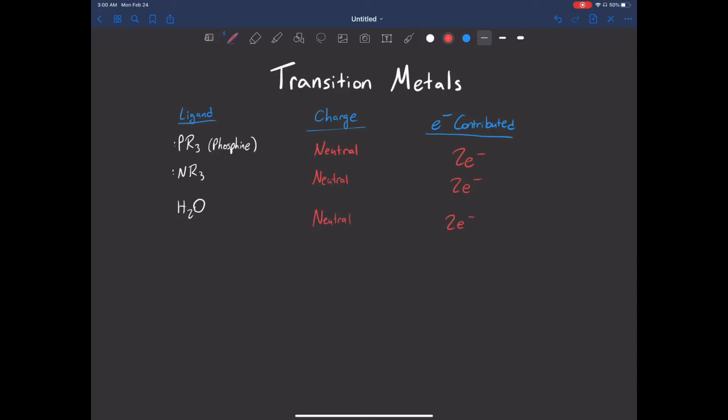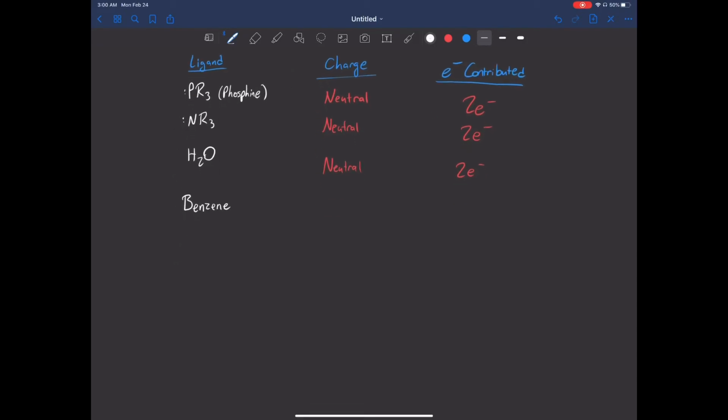The majority of what you guys will see are going to be 2 electrons in terms of what they can donate. You can also see a benzene. Now, benzene can be bound multiple ways, all right? But, oh wait, you know what? Sorry about that. I'm not going to put this one here yet. We can have alkenes.